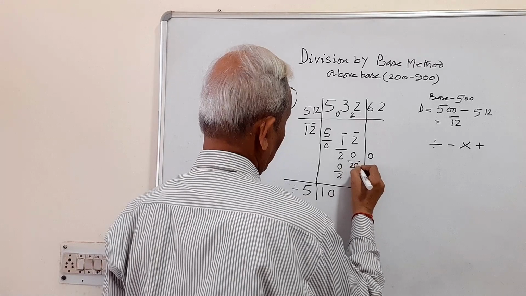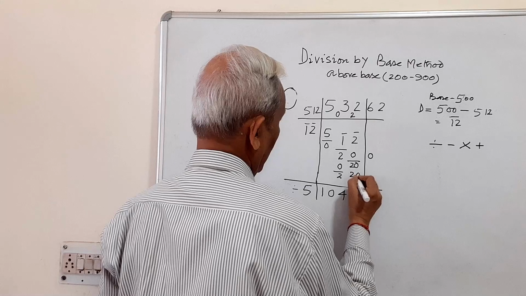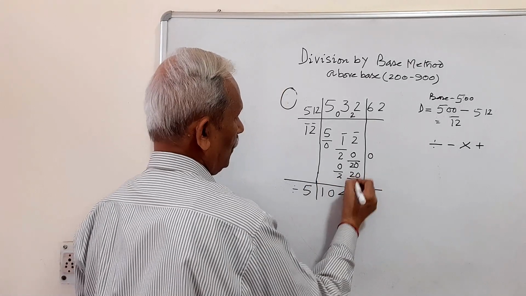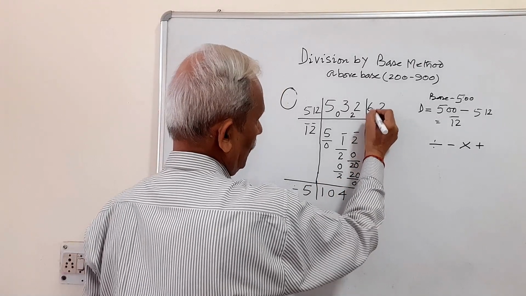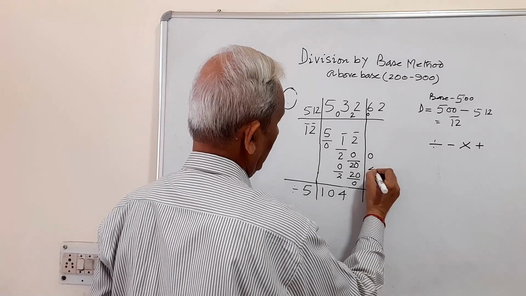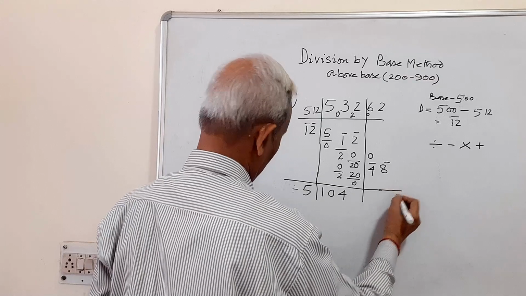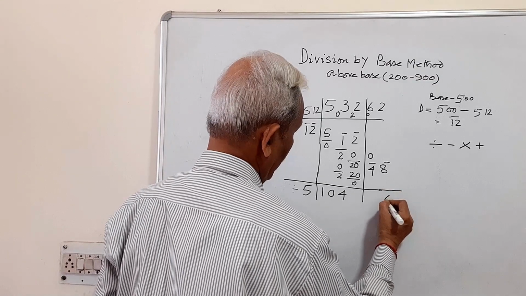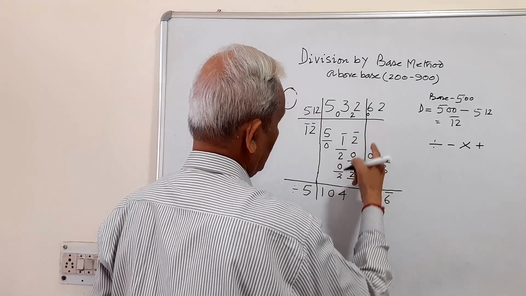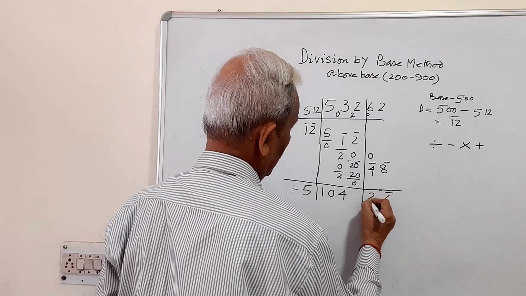Now 22 minus 2 is 20. Now 5 goes 4 times into it. 5 fours are 20. And the difference is 0. So 0 goes here, 0, 6. Now 4 into 12 bar is 48 bar, 4 bar, 8 bar. Now this becomes 6 bar, and 6 plus 4 bar is 2.